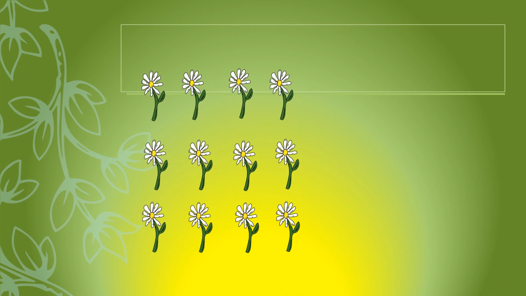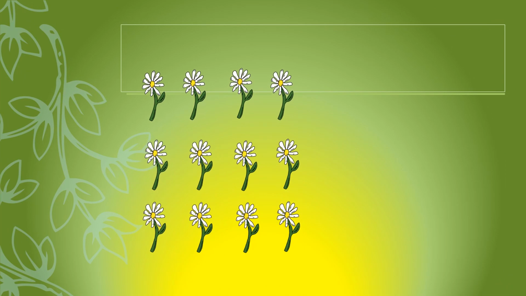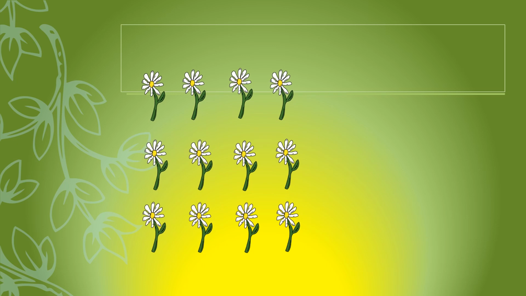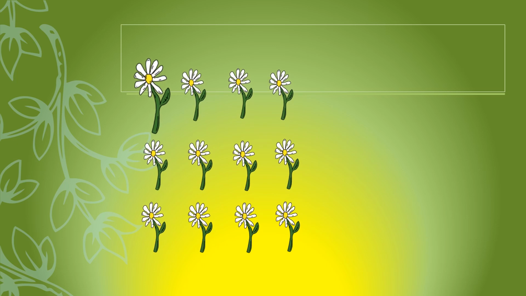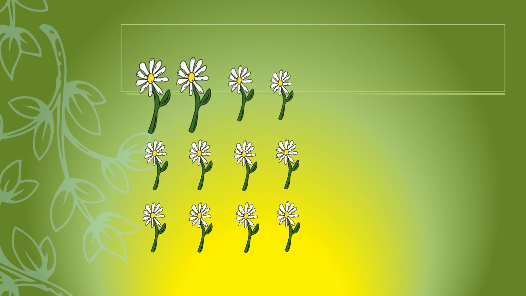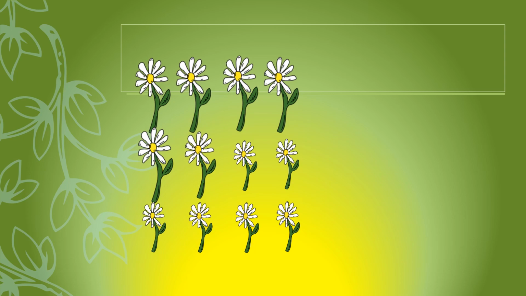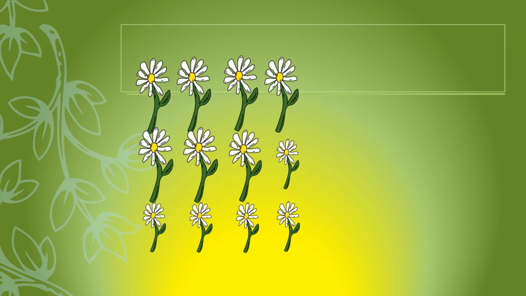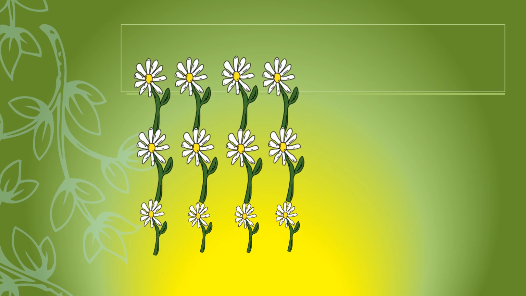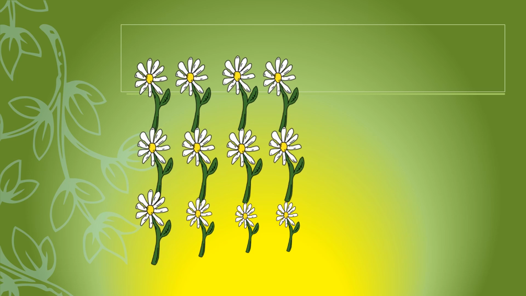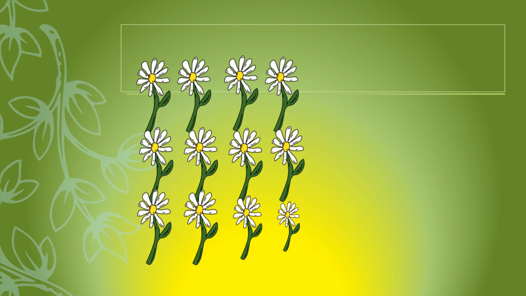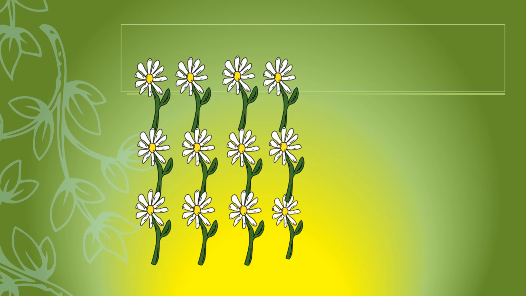Another way of arranging the flowers is to put them in 3 rows. Let's count the number of flowers. 1, 2, 3, 4, 5, 6, 7, 8, 9, 10, 11 and 12.